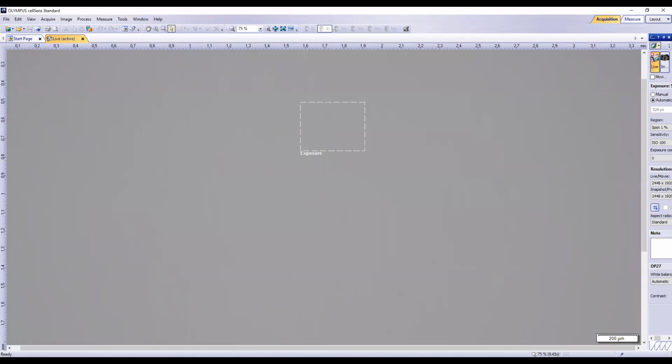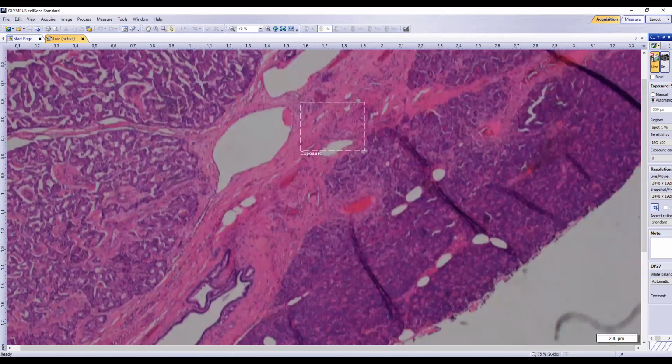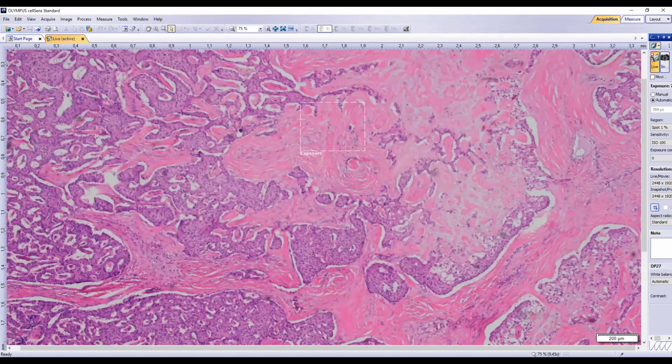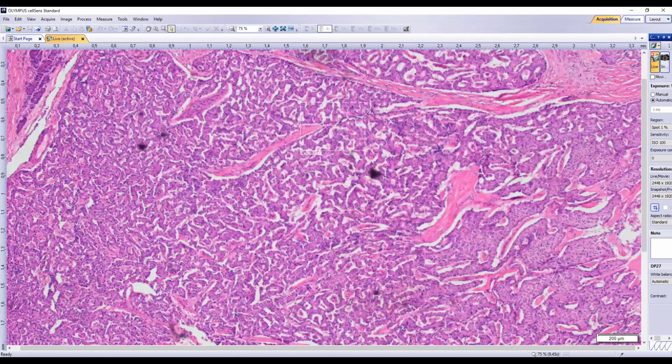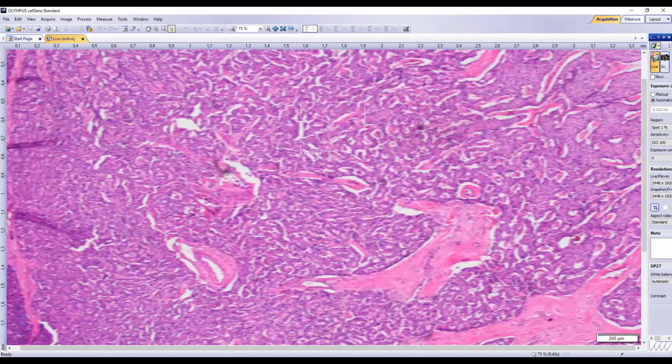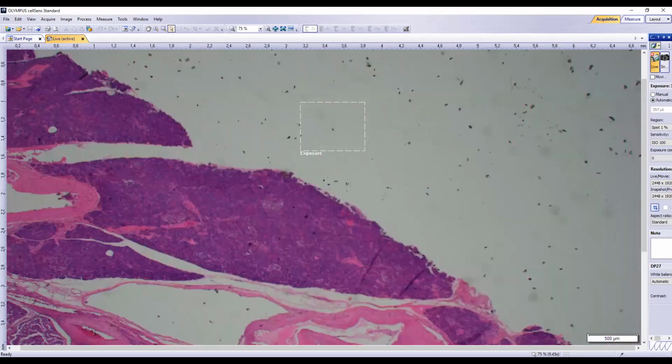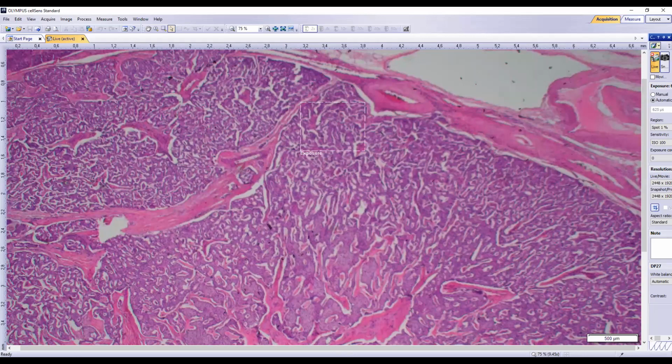And the next one is a 1.7 centimeter lesion in the tail of the pancreas in a 53-year-old female. So it's pretty well circumscribed, as you can see. There's pancreas at the periphery, and then the lesion is here.